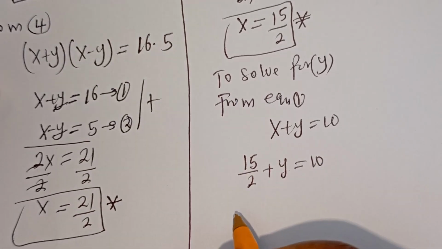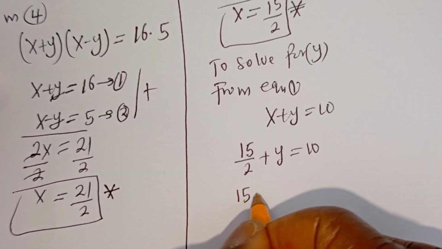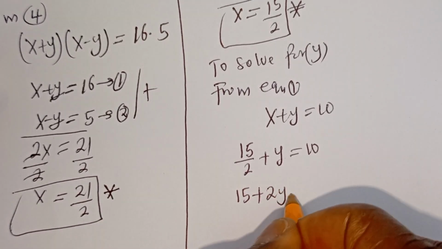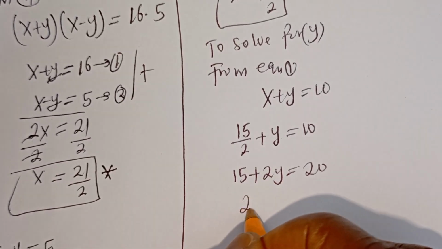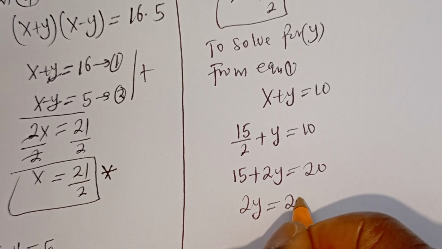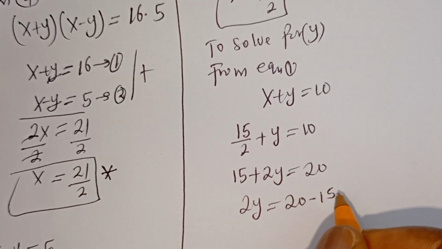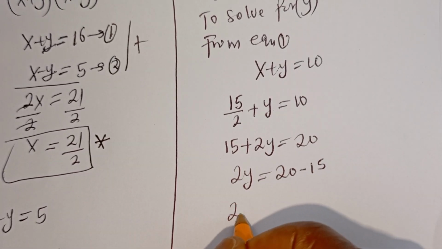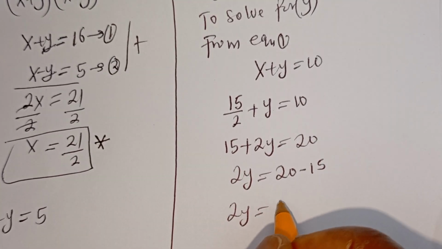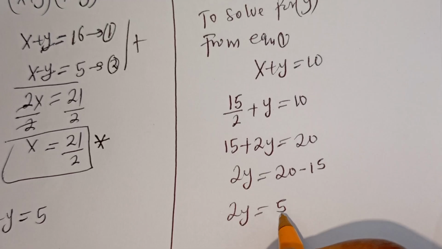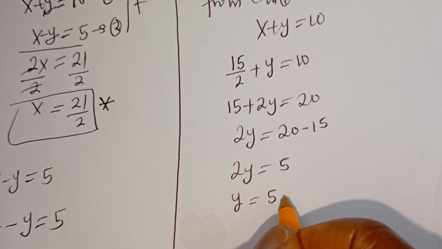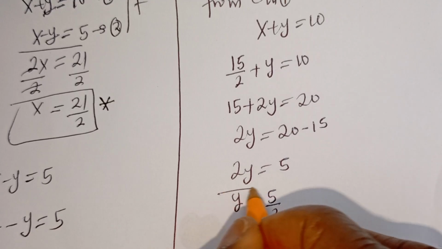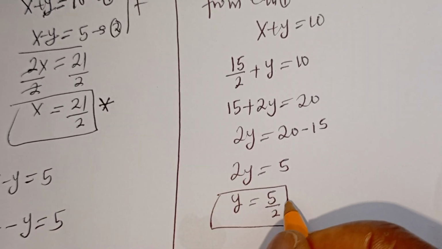Let's multiply all through by 2. 15 plus 2y is equal to 20. Then 2y is equal to 20 minus 15. 2y is equal to 5. y is equal to 5 over 2. This is the value of y, and it's not a natural number.